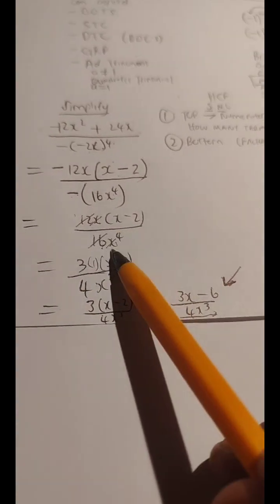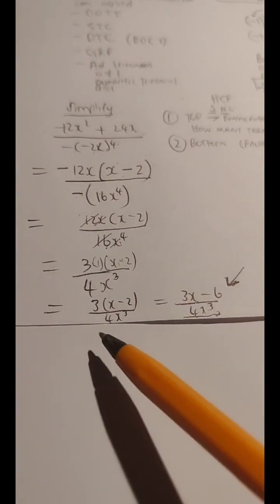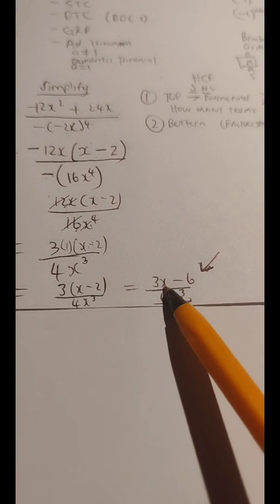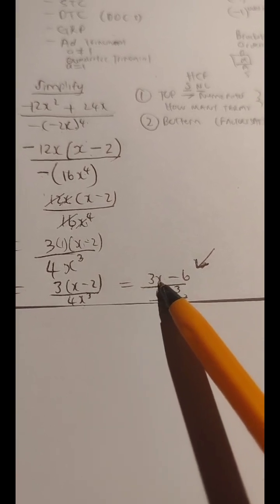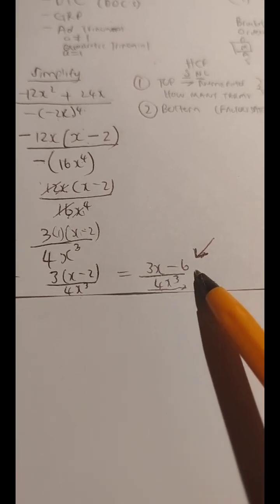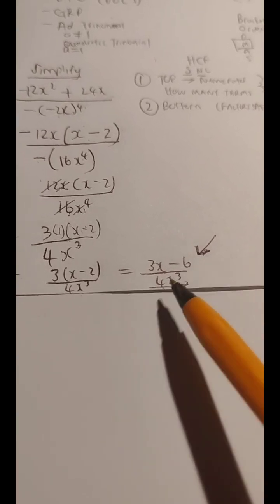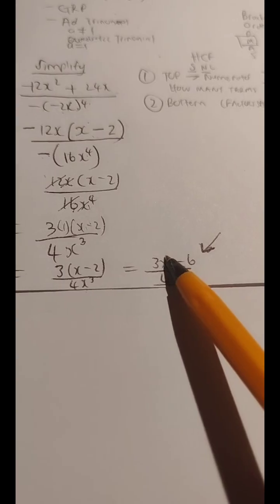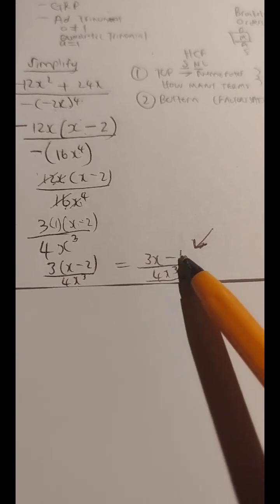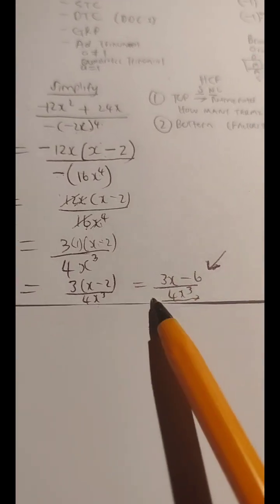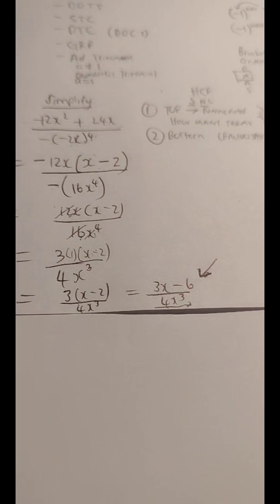So that's not cancellation, that is across an addition or a subtraction sign. But here, this 3 and this x are multiplied, but they are across a negative sign. This 2x, this 4x cubed, we cannot cancel this x and this x because we don't cancel across an addition and a subtraction sign. So we leave the answer at this stage.